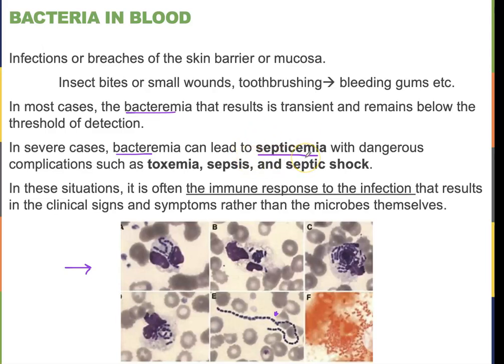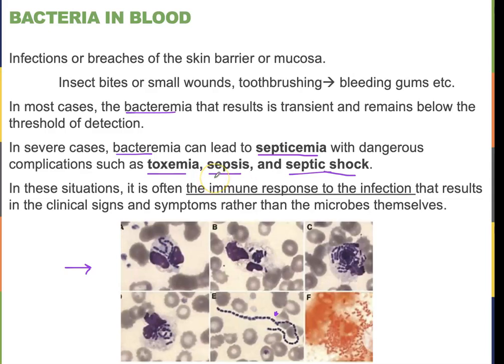When we have bacteria basically multiplying and living in the blood, they will produce their toxins, and that can produce toxemia. We can have sepsis occur, which is the infection of the blood as a whole. And then we have septic shock, which of course is the drop in blood pressure that can lead to death.